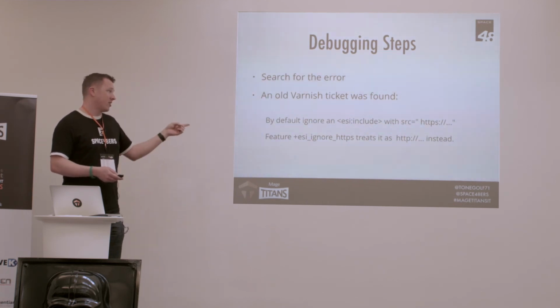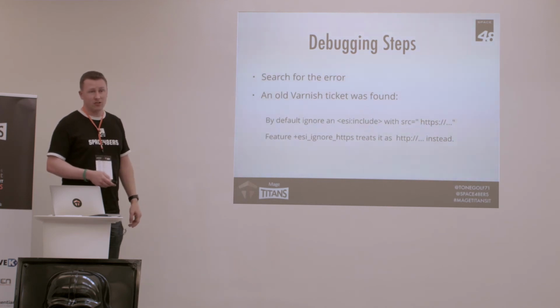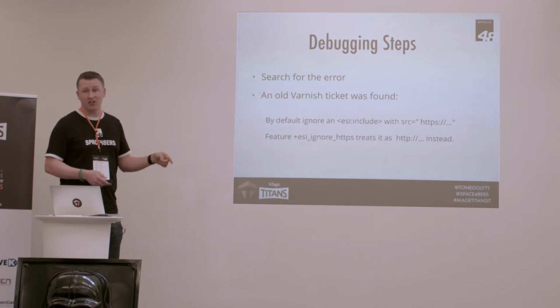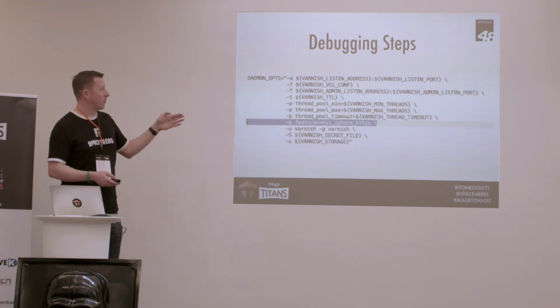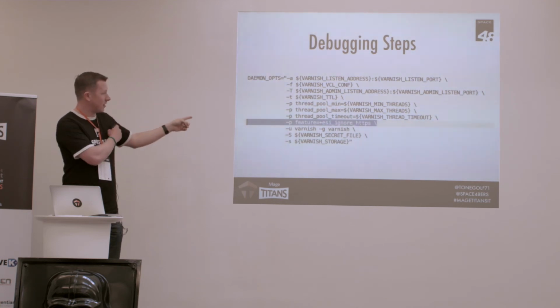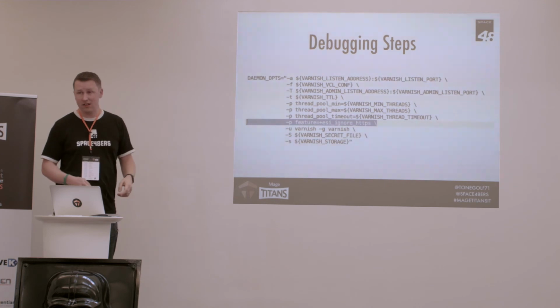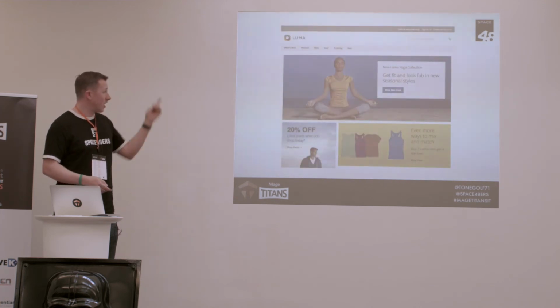But they have a nice setting that you can change that will basically treat it as HTTP instead. So I looked at how to achieve that. This is part of the Varnish service initialization script, and I've added in there this setting, and the menu was back.